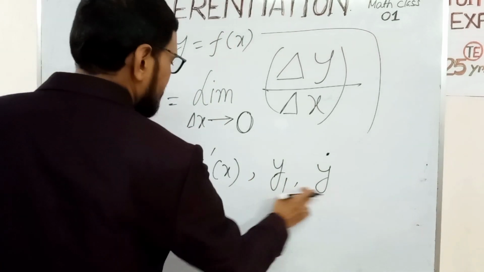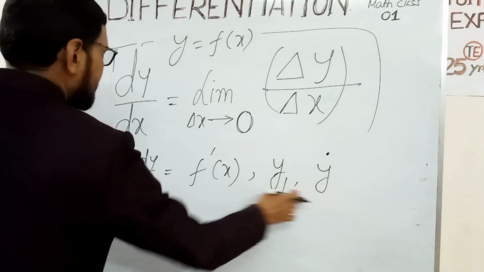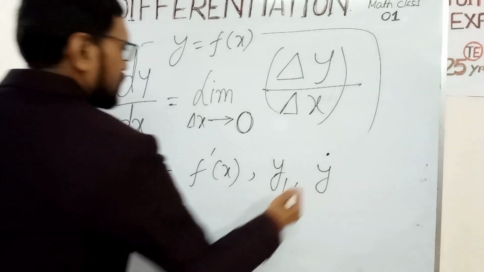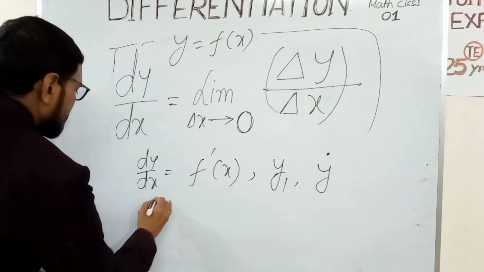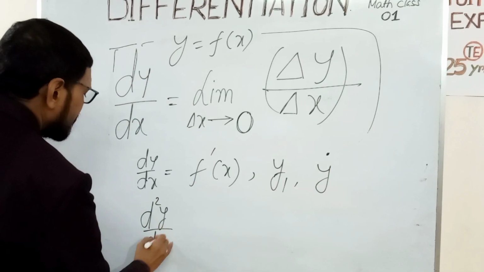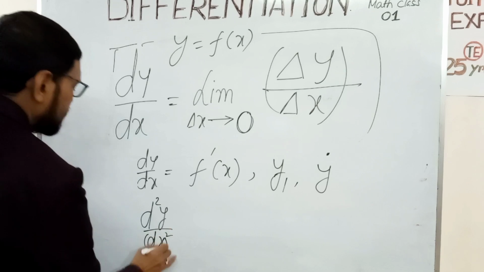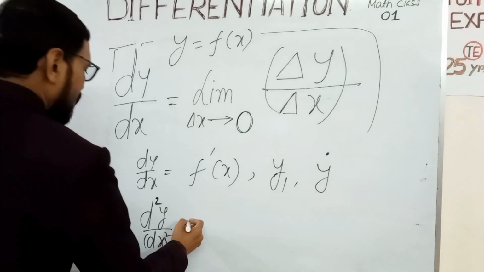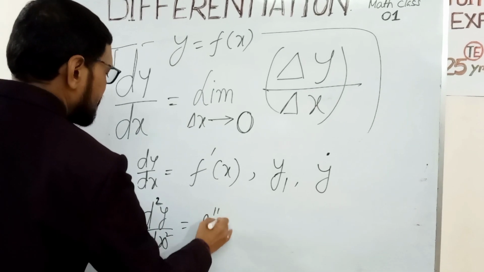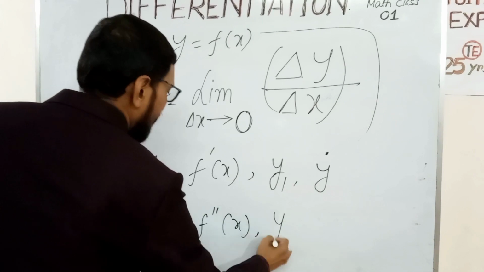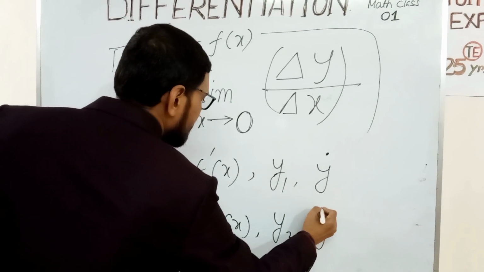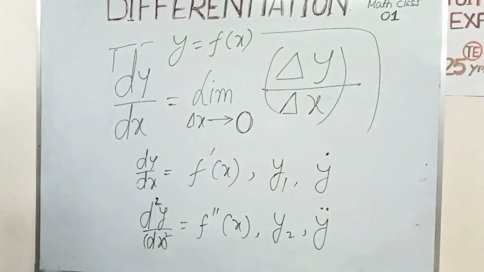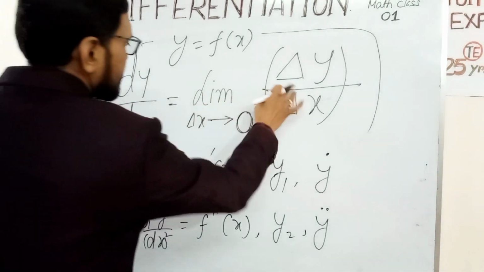So all these symbols stand for dy by dx or f dash x. Now the second order derivative, d2y by dx square, is written as f double dash x or y2. So this symbol stands for dy by dx, and the meaning of dy by dx is this.